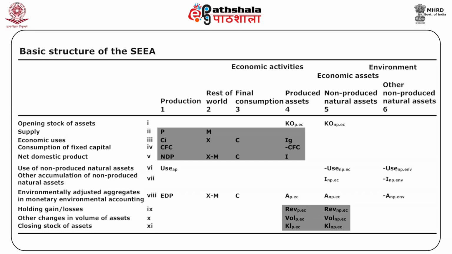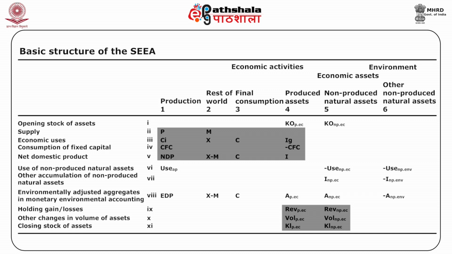Column 1 shows the cost structure of domestic production, capital P, comprising the cost of goods and services used in production, which is CI, the cost of consumption of fixed human-made capital, CFC, and balancing value added or net domestic product, NDP. Now you note that NDP plus CFC is equal to gross domestic product, GDP.